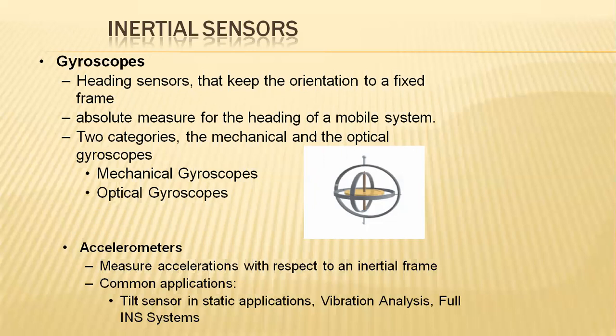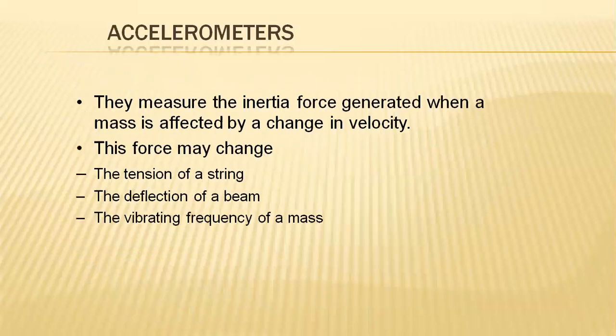First one is the accelerometer. Accelerometers are used to measure the speed with respect to the inertial frame. And majorly it is utilized in the application of static objects, in order to get vibration analysis and full angle systems.